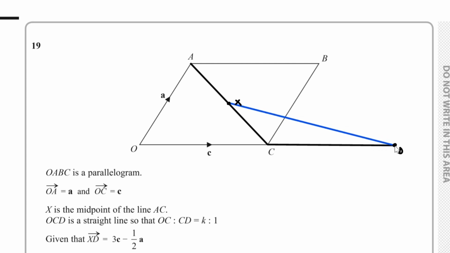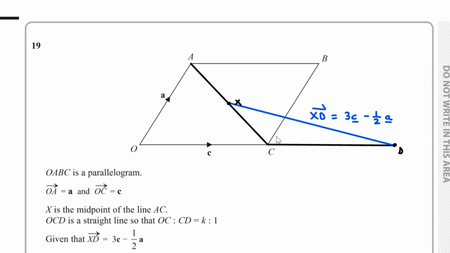X to D, that's this line here, is equal to, let's just write this down, XD is equal to 3C minus 1/2 A.